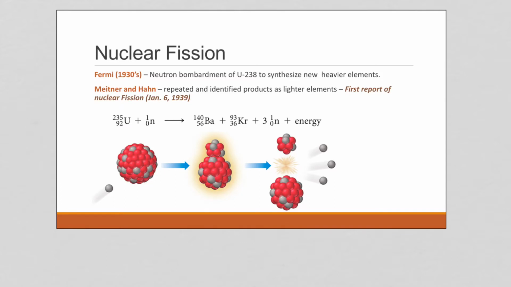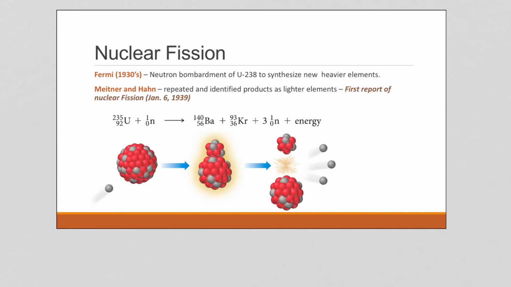So this all started back in the 1930s with Enrico Fermi, right? He was doing neutron bombardment experiments of uranium-238 to try to synthesize heavy elements. He was trying to do another process that we'll talk about a little bit later, which is transmutation, right? Changing one nucleus into another by bombarding it with something. So he was trying to create heavier elements from lighter elements with neutron bombardment, or essentially shooting neutrons at these lighter nuclei to try to make heavier nuclei.